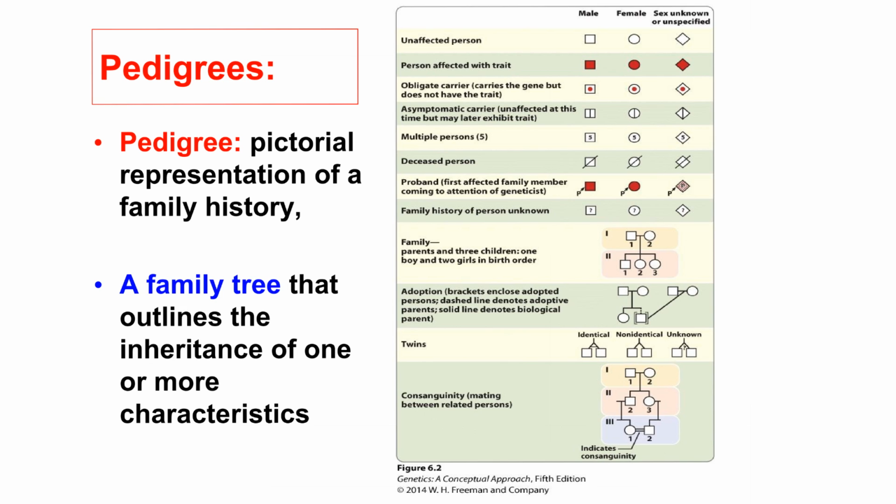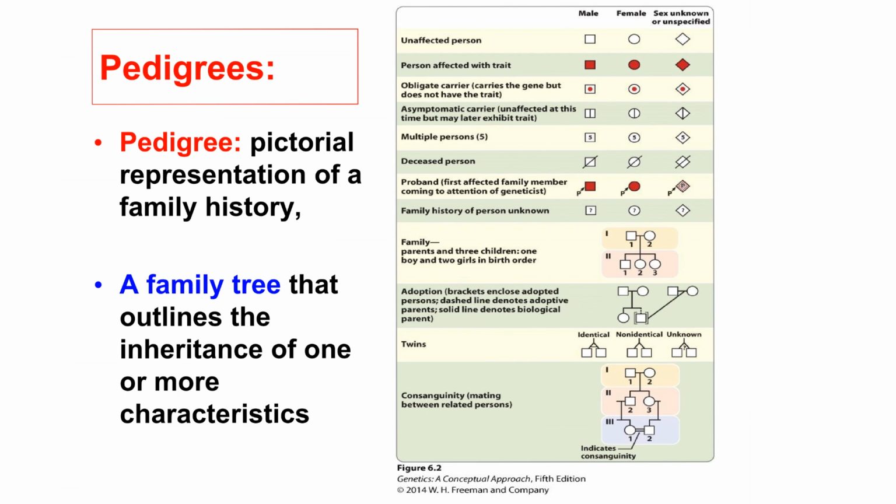Be aware that these symbols are used in pedigrees when geneticists or genetic counselors construct a pedigree. However, in your quizzes and in your tests, you will not see the symbols for carriers.